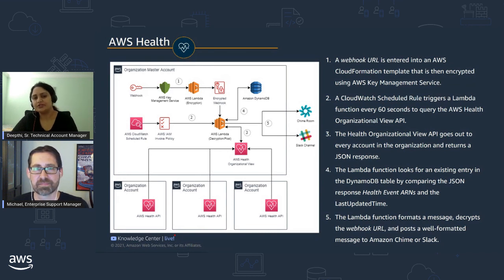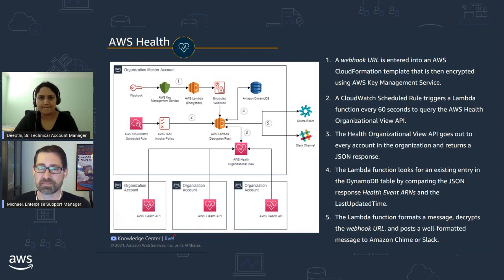There is also an option to integrate the solution with Amazon EventBridge, and it lets customers integrate with more than 35 SaaS partners such as New Relic, Datadog, and PagerDuty. The source of the application will be dropped into the chat. There's a blog that you can visit, and it goes through step-by-step instructions as to how to get started with this application.